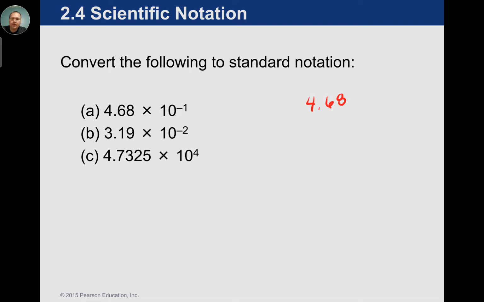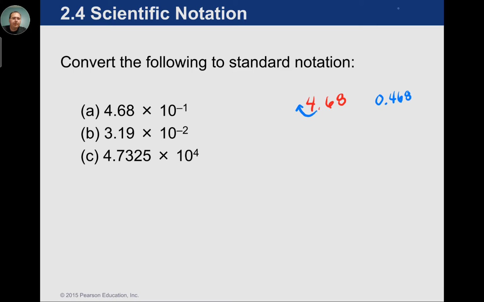In this case, it's a -1 for letter A, so we're going to make it smaller by moving to the left one position. So we would get 0.468 as a result. Notice we moved to the left because that was a negative exponent.